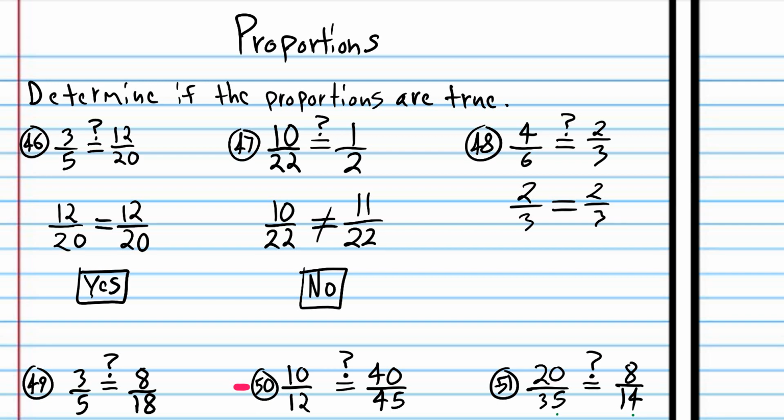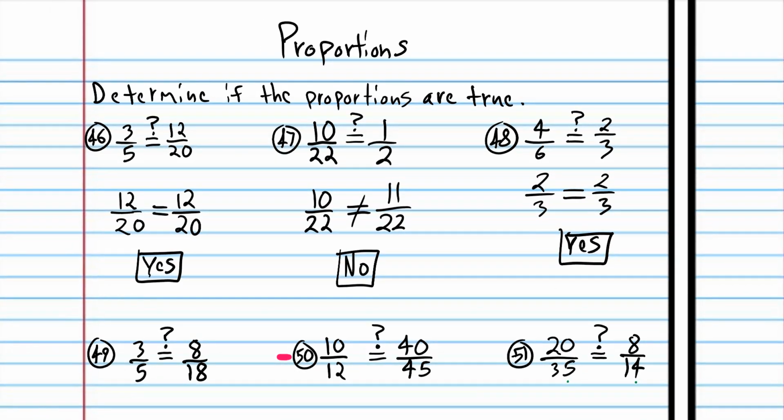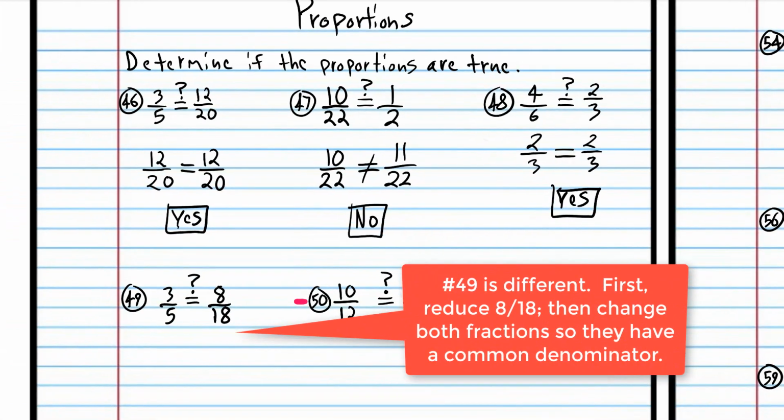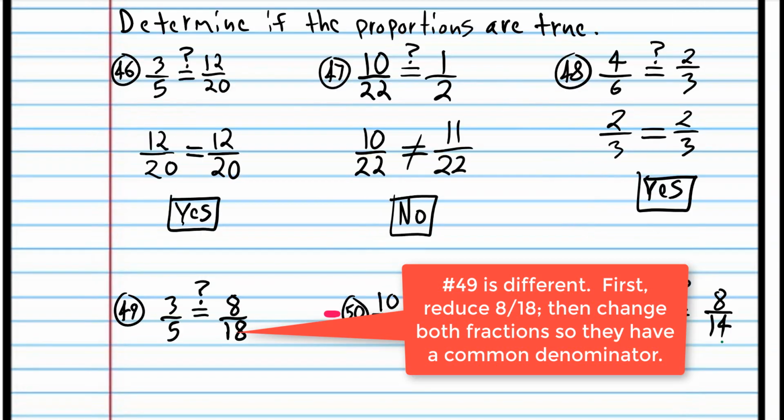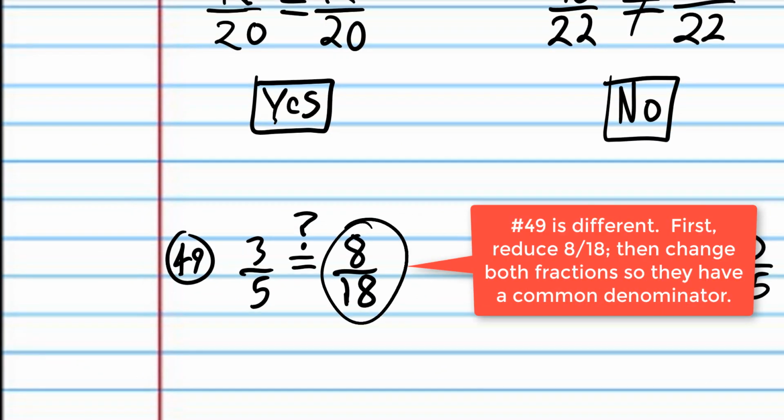And that's another way to figure out some of these problems. So we say, yes, they are proportional. These fractions are proportional. So just be aware of that. Now I want you to try number 49. And when you come back, we'll do it together. All right, we're back. So you can reduce this fraction, or you can multiply both sides of this fraction.